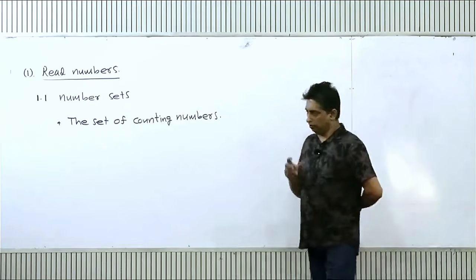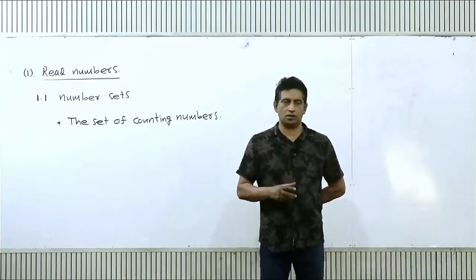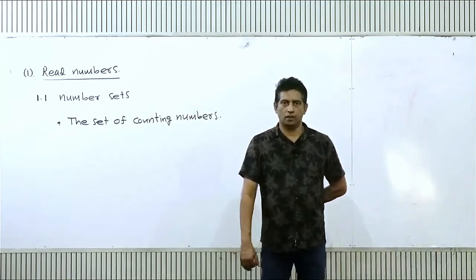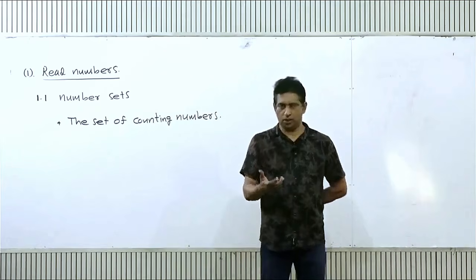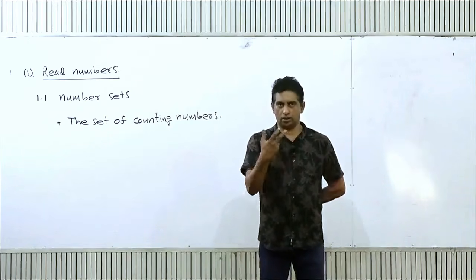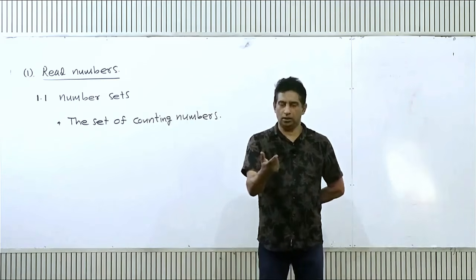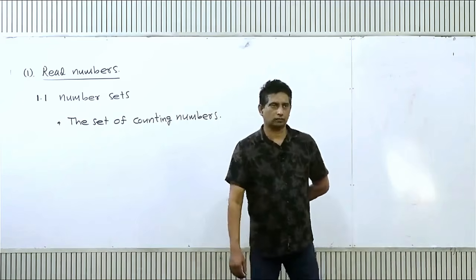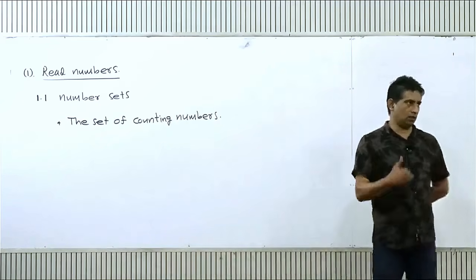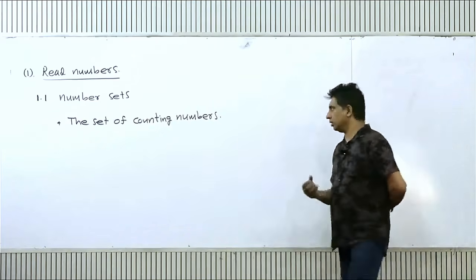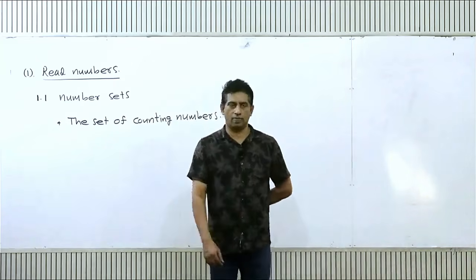To count objects or live things, we have to use numbers. How do we count live things or objects? First we count one, next second, then third, then fourth, then fifth, then sixth, then seventh, like that. If we create a number set by using these numbers, that number set is called the set of counting numbers, right?